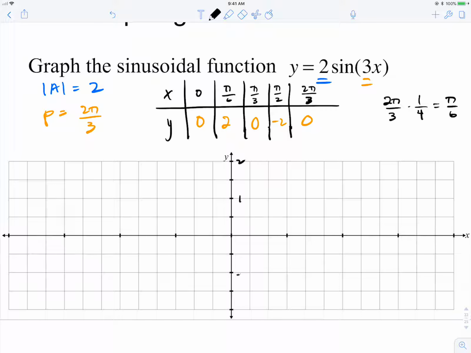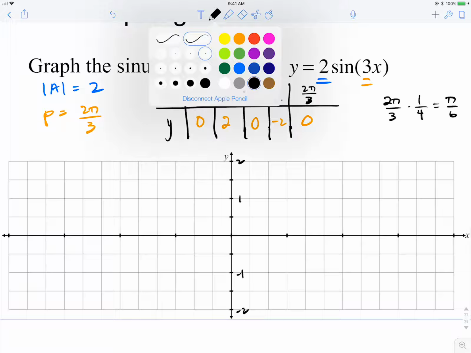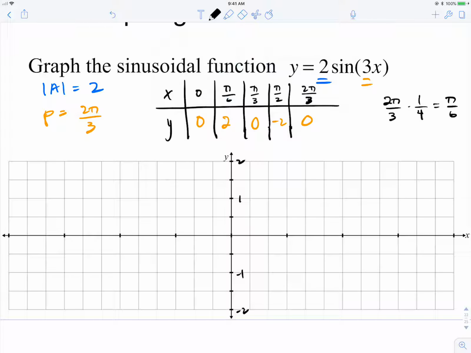I'm going to label the tick marks on this graph, since there's no domain specified for what we're graphing over. There will be on your homework, but I'm just going to have each of these tick marks follow my table of values. So scale by pi over 6.